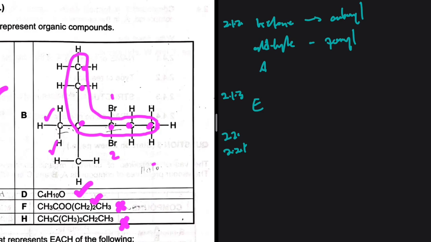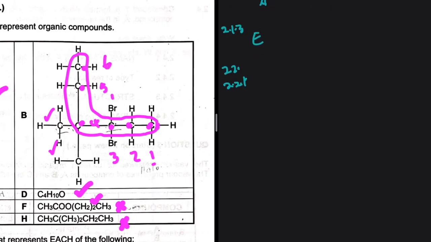Okay, so bromo comes before methyl, right? So we must start with bromo, therefore. So this is going to be 1, 2, 3, 4, 5, 6. So we have those branches, bromo on the third carbon.